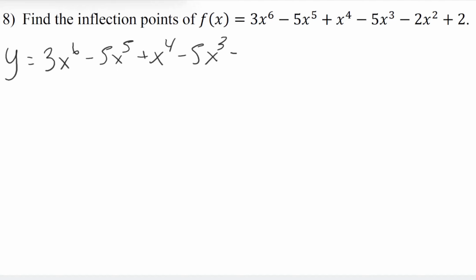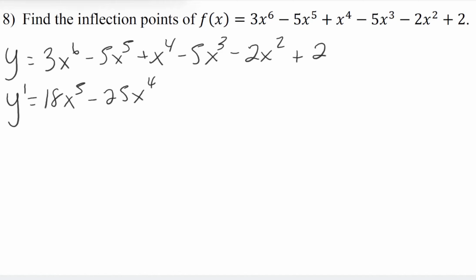Since I took this from the book, I have a sneaking suspicion that it's going to be messier than it looks. All right, so we've got 18x to the 5th minus 25x to the 4th plus 4x to the 3rd minus 15x squared minus 4x, and then that's gone.